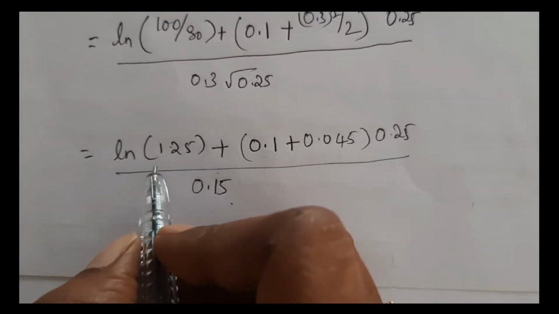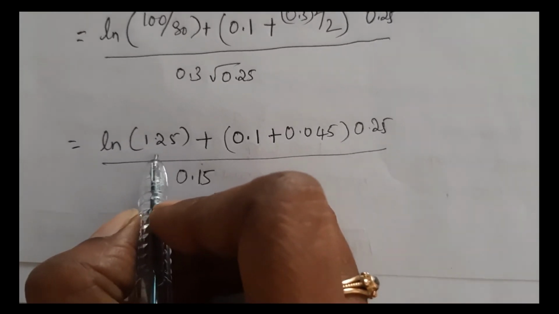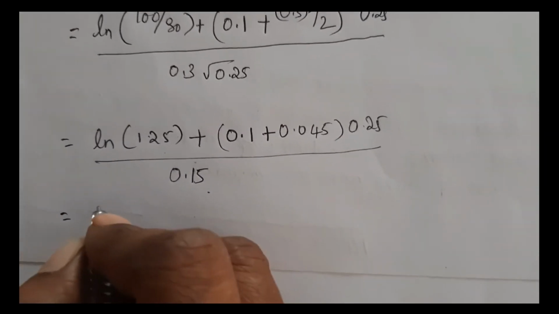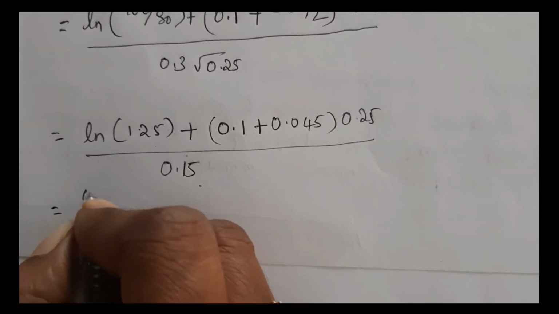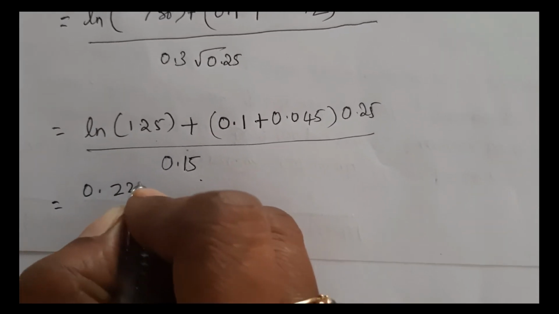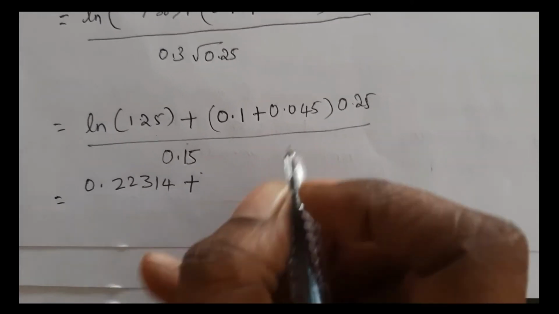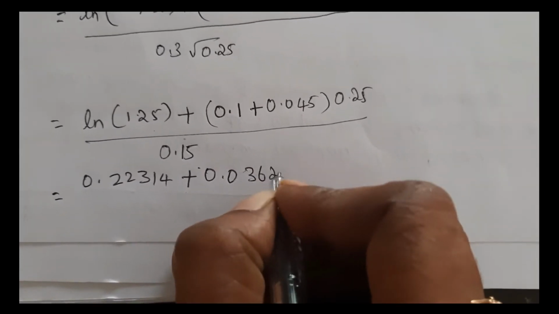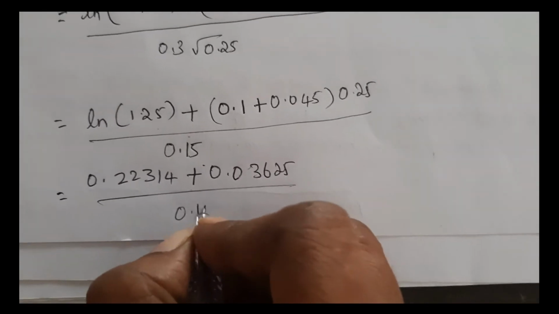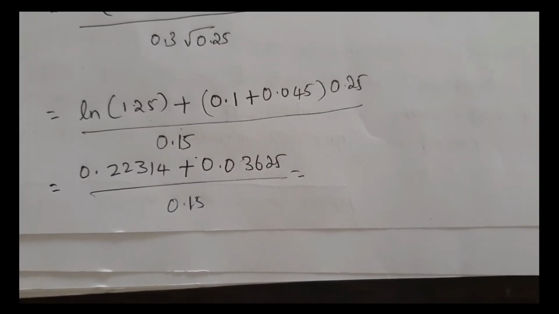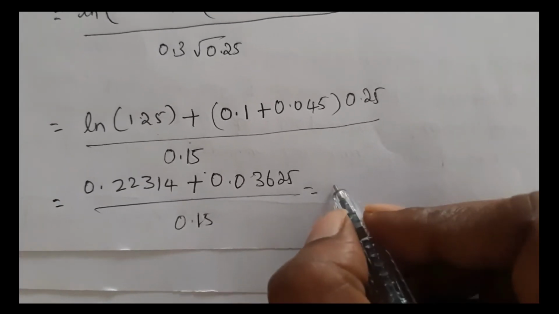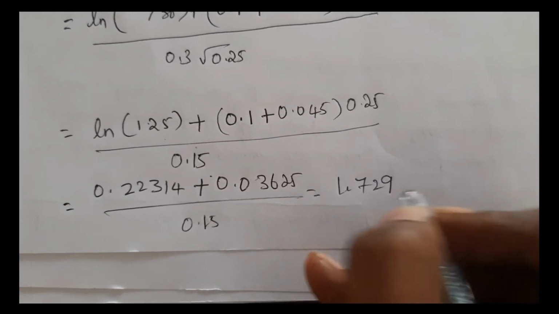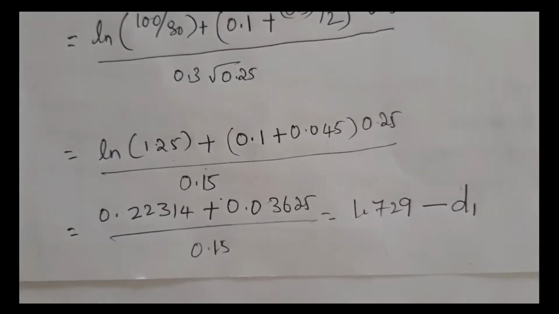Then when we use scientific calculator, ln value of 1.25, we will get 0.22314 plus, when you solve all these things, 0.03625 whole divided by 0.15. If we solve all these things, then we will get d1 value, which is 1.729. Then after calculation of d1, we need to calculate d2.